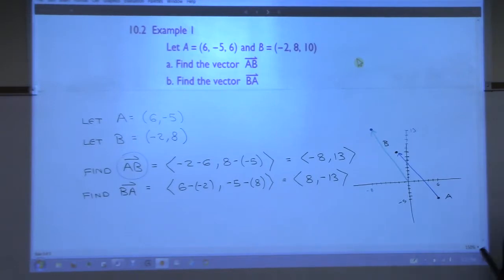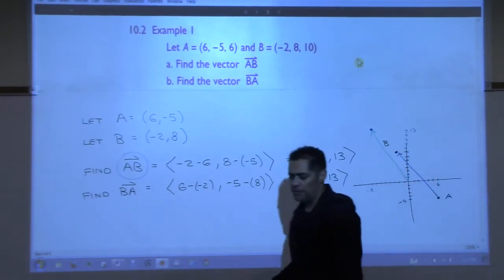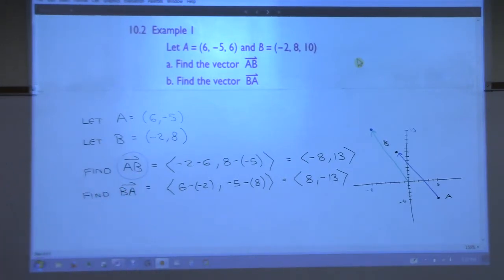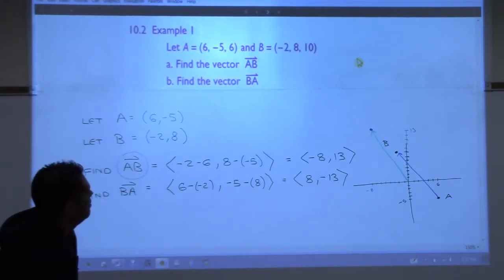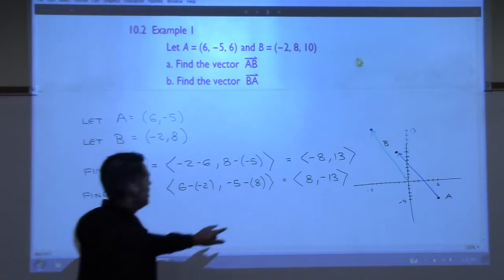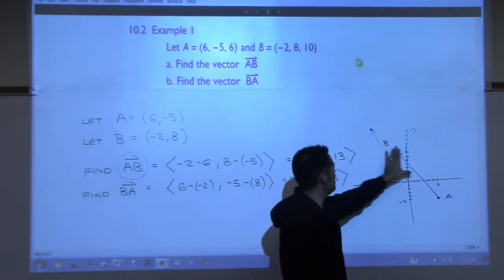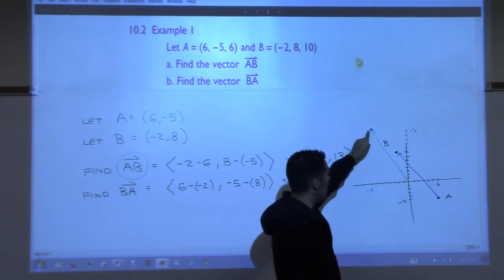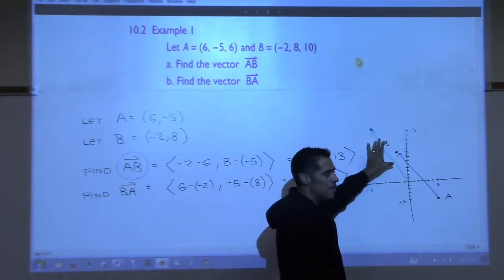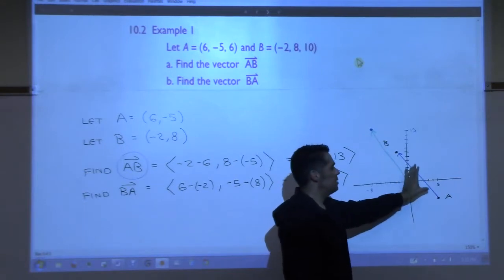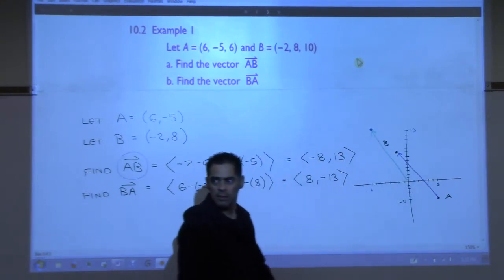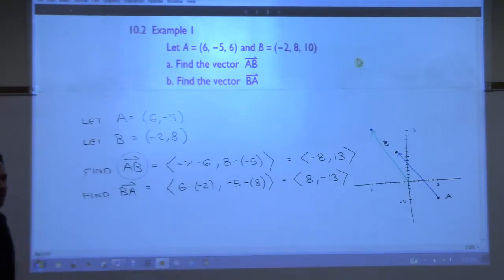So this result, we call it a position vector, okay, because the position doesn't matter. But this vector, if we start at the origin and draw it, is equivalent to the vector that connected the 2 points. And because position doesn't matter, they're the same thing.